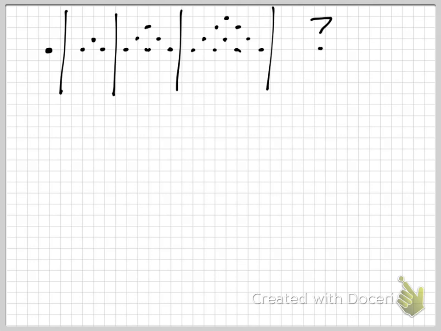This is just you being able to recognize what is happening here. There's really not a rule here. I mean, there is, but it's not. You need to be able to see that and then apply it to the next one and tell me how many dots there are. I want you to write it down. If there was another drawing, how many dots would there be in the next drawing?